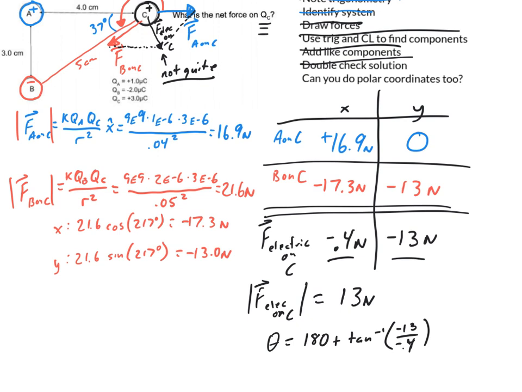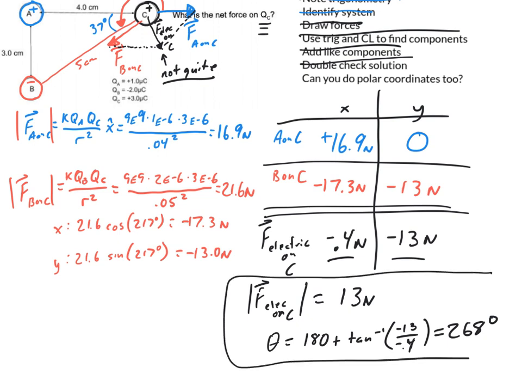And I get 268 degrees, which is very close to 270. There we go. We got a result in polar coordinates. We got our result in Cartesian coordinates. We're good to go. Hopefully this is enough so that you can go back through and do the additional practice problems on your own. Good luck.